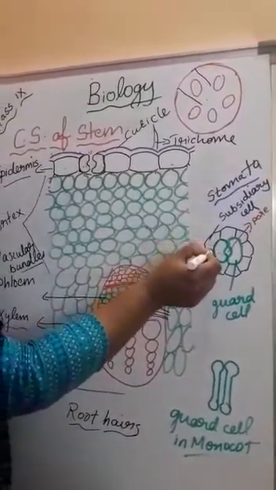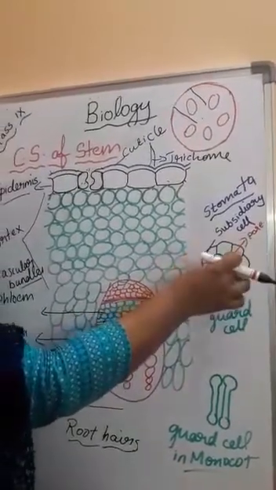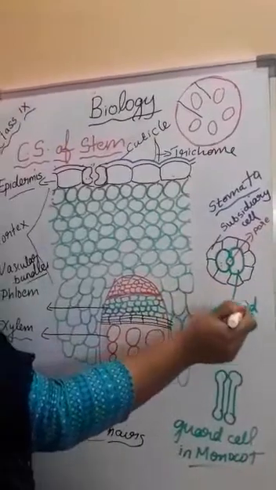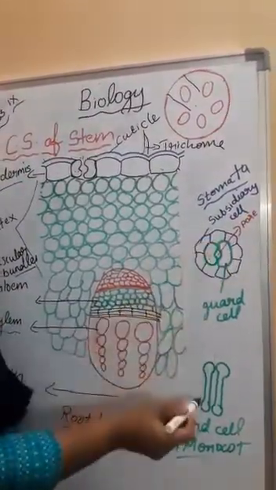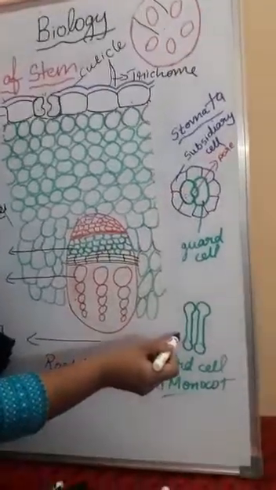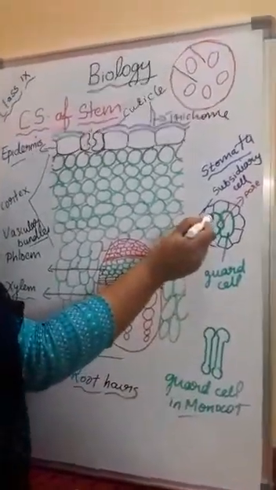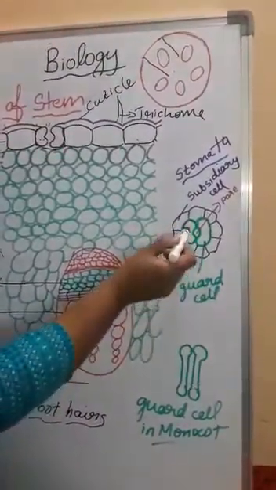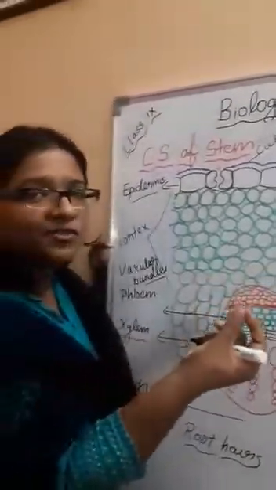Each stoma has two guard cells. These two are guard cells. Guard cells in the case of dicot are kidney shaped, whereas in the case of monocot they are dumbbell shaped. In both dicot and monocot, the guard cells are meant for the opening and closing of stomata.